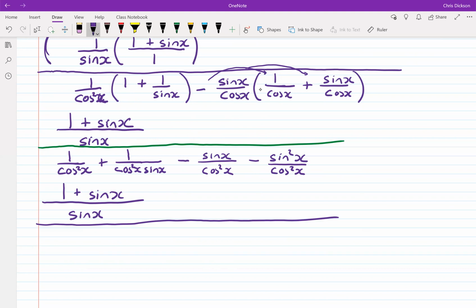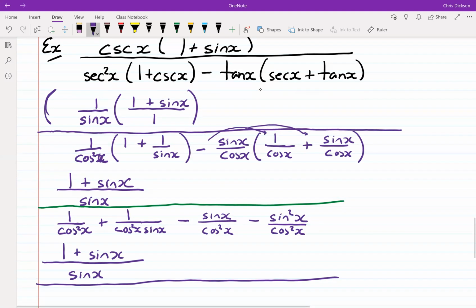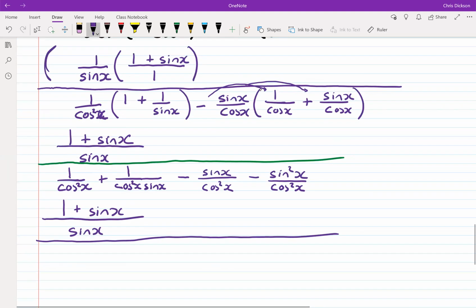One thing we could bring together is 1 minus sine squared x minus sine x, all over cos squared x.